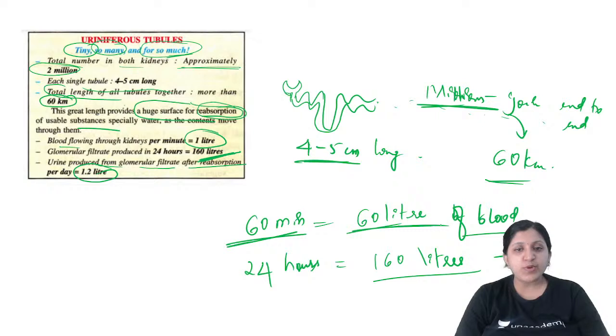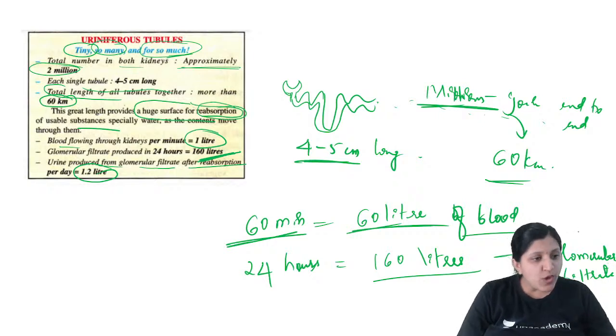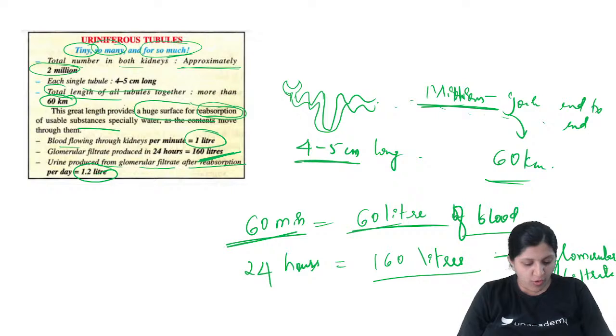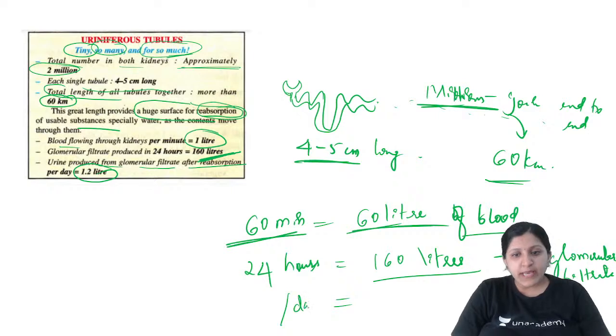In that, reabsorption will occur and tubular secretion will occur. Once those processes occur, the urine formed per day is approximately 1.2 liters. This is how the calculation was done.